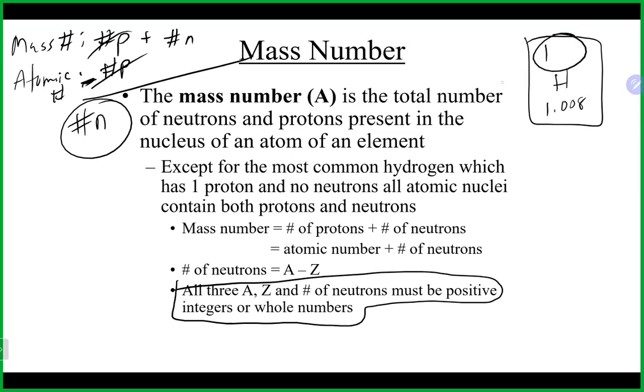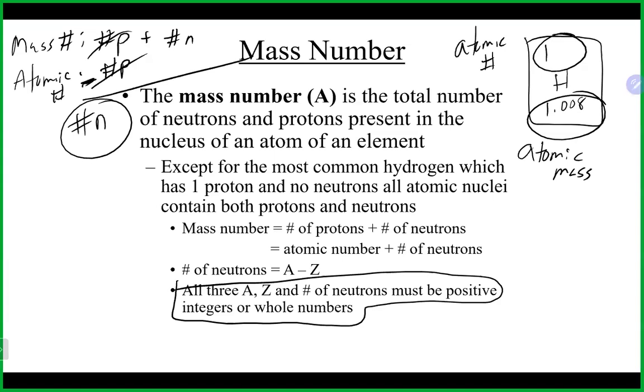I know this top number here is the atomic number. Is this bottom number the mass number? What do you think? Is the bottom number the mass number? The bottom number is not the mass number. It is the atomic mass, actually.